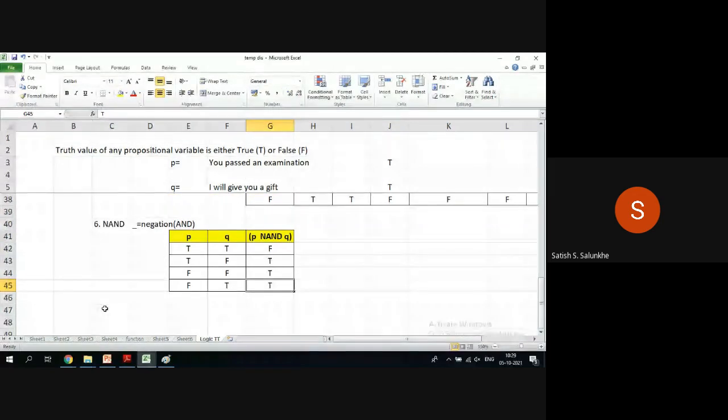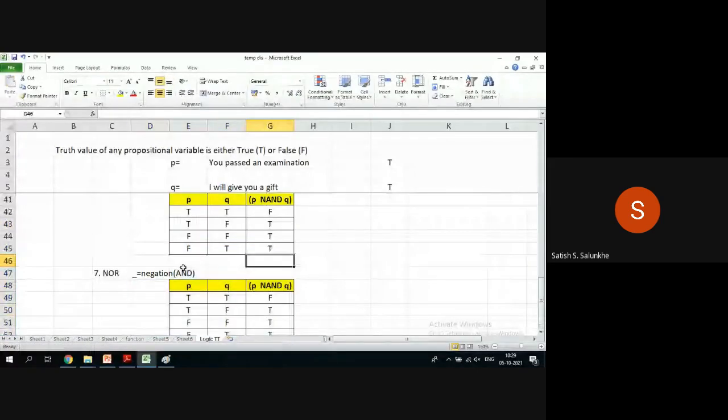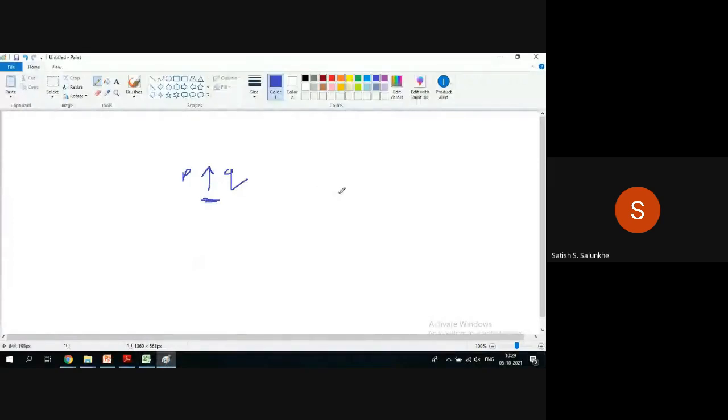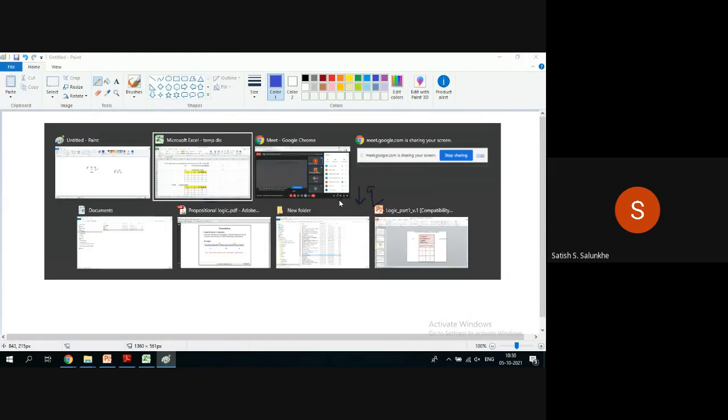Let us go ahead. Your next derived operation is NOR. It is negation of OR, and the logical symbol for the NOR operation is this, P NOR Q. I am not able to draw it in Excel, that's why I'm writing.